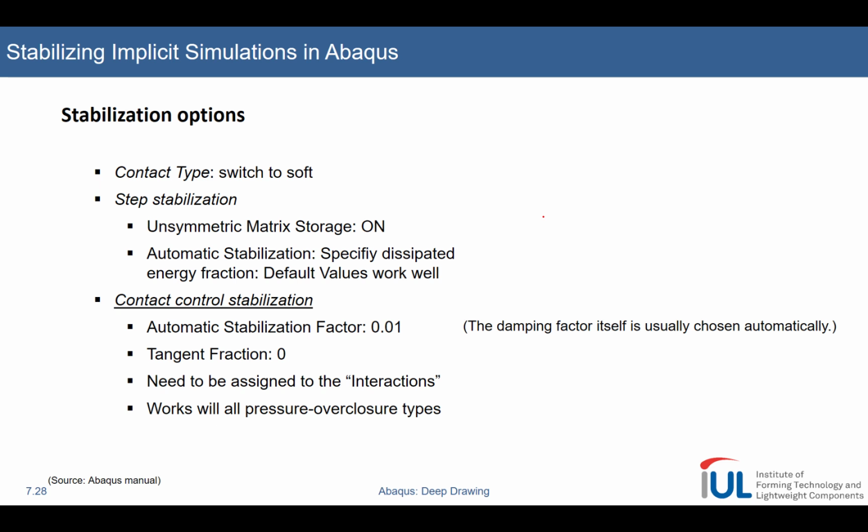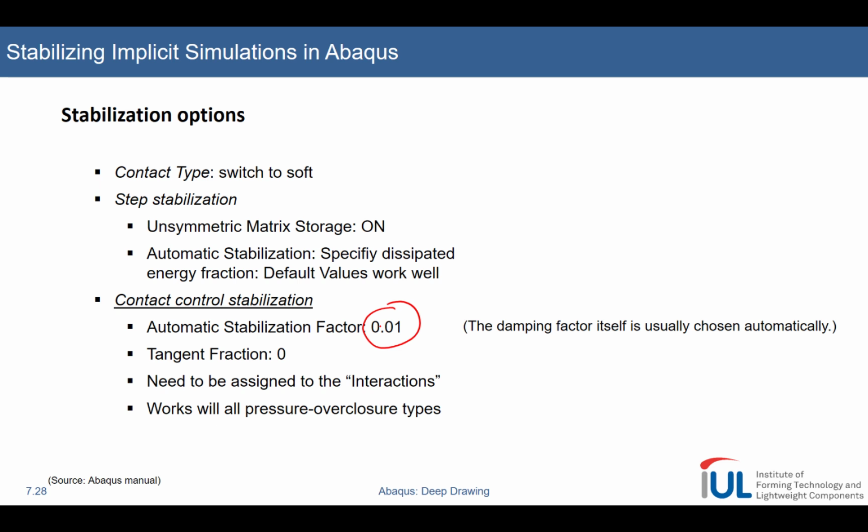So the actual damping factor, you can leave this to Abaqus to calculate, but you can tell Abaqus to scale it down to a certain fraction of it, so 100, so that the artificial energy you introduce is not as high. And usually the normal contact is what causes problems, especially due to this hard contact interaction.